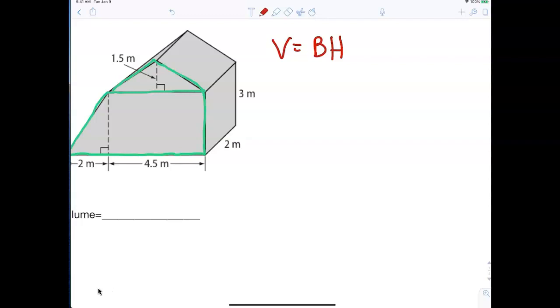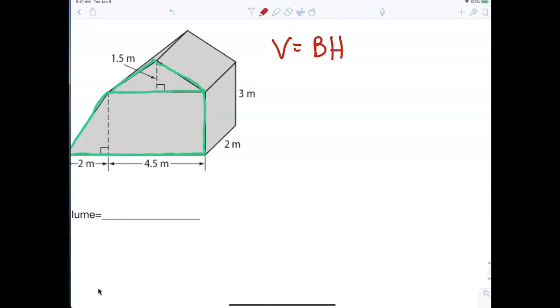Now, again, I want someone who remembers the formula for area of a trapezoid. Tell us, Sean. Times? Yes, there you go. Beautiful.